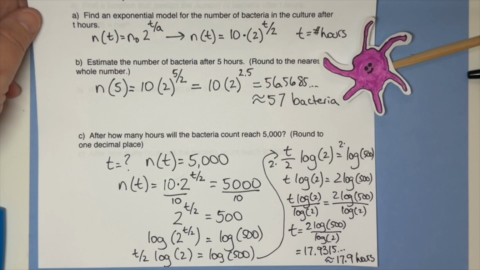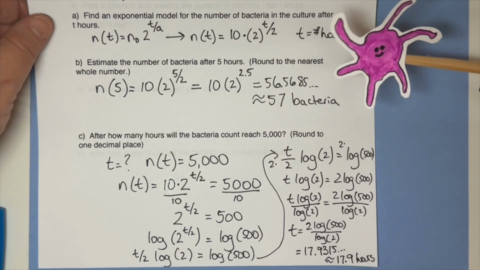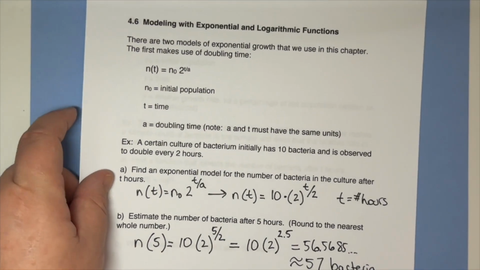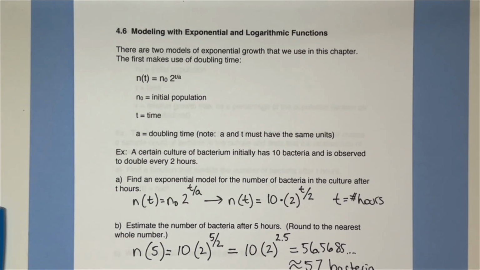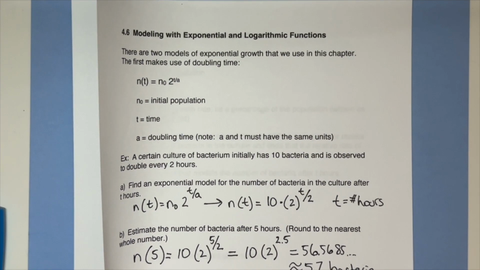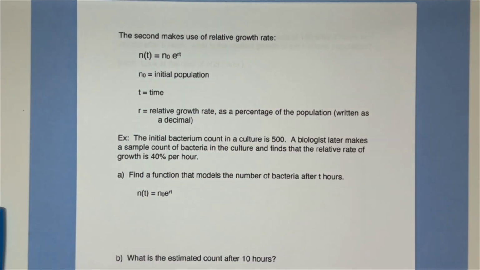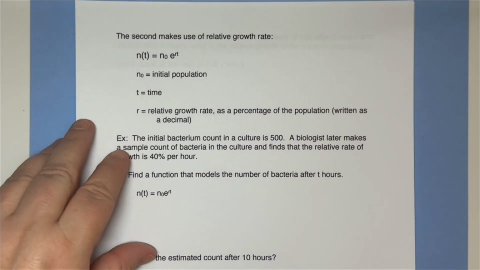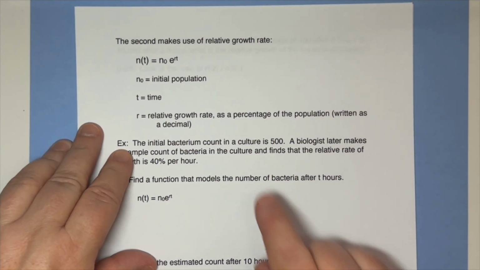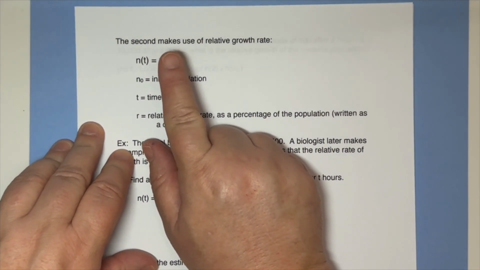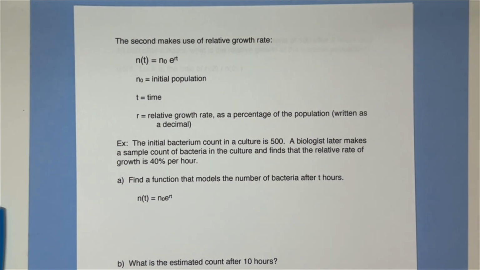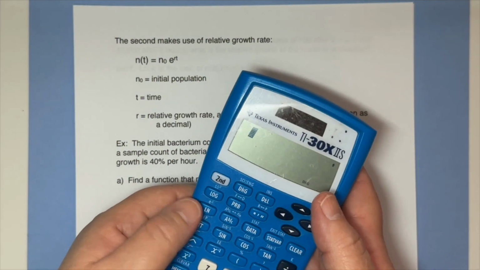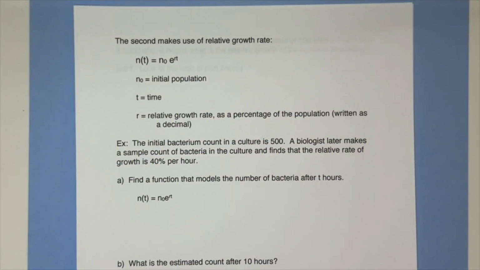This was doubling time. We're going to do all of this again, except we're going to use the other common formula. Instead of using 2 for doubling time, we're going to use e. And e is really convenient. One, because natural log is right there, so we have log base e on our calculators.